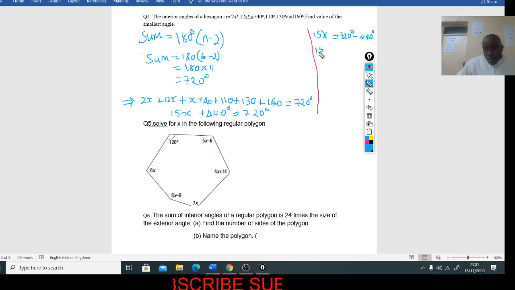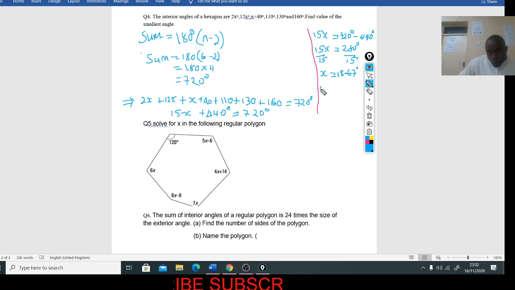So 15x equals 280 degrees. You divide both sides by 15, so x equals 280 divided by 15, which is equal to 18.67 degrees. So your x is 18.67 degrees, and we are asking about the smallest.